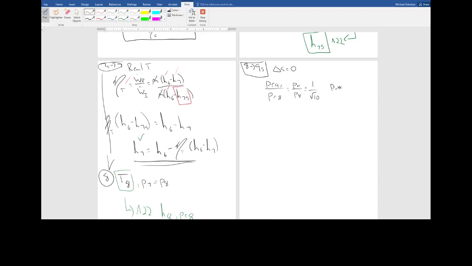PR9S is equal to PR8 over root 10. Once I have this, I can go to table A22 and I can find H9S.